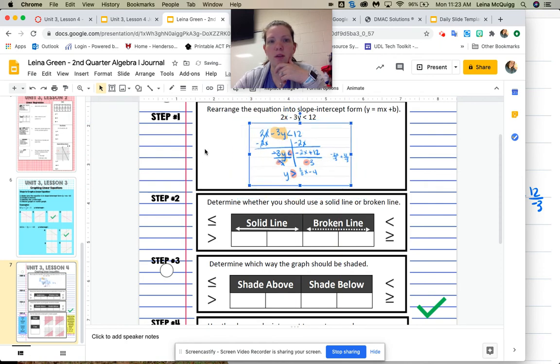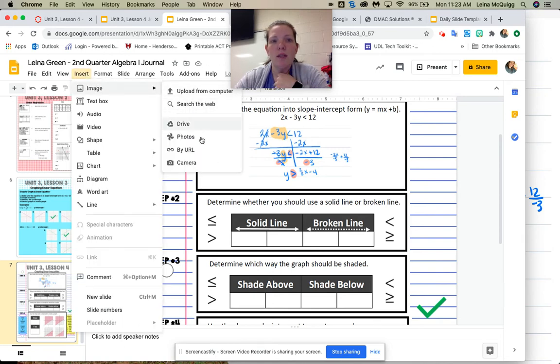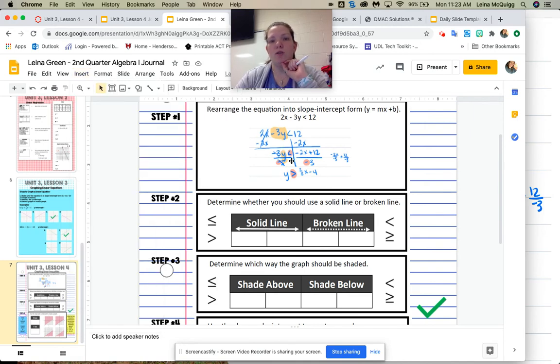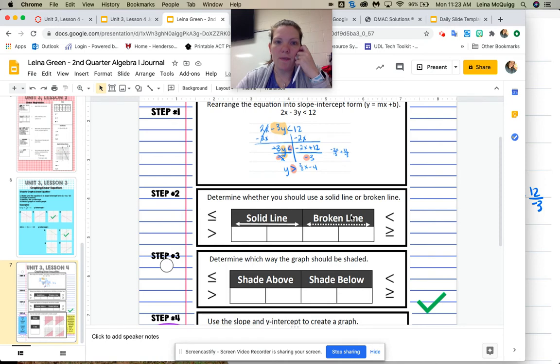So from your Chromebook, if you wrote all this out on paper, you would go insert, image, camera, and then you can just hold your paper up in front of your camera on your Chromebook and it'll take the picture, insert it right into your slides, okay? So that's the easiest way to do that. You should have this in your slides. Okay, so once we have y by itself, then we can move on in our process of graphing.